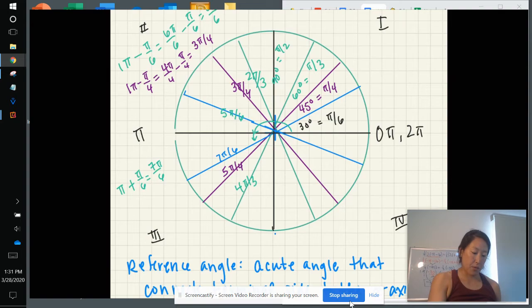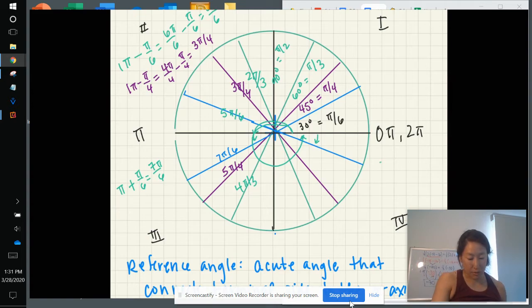Okay, the trick for the fourth quadrant is we've almost gone a full rotation. I'm going to start here, and we're going to move all the way to 2 pi, a full rotation, and then I'm going to subtract out a wedge.